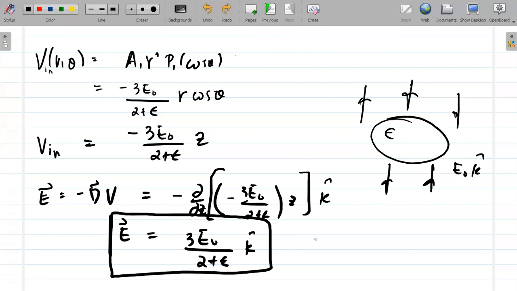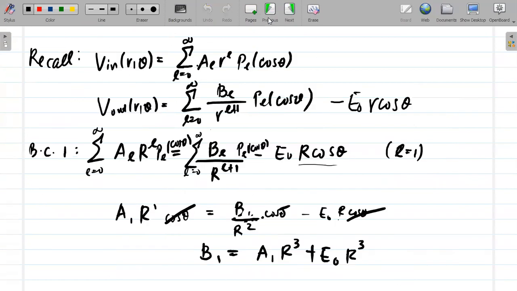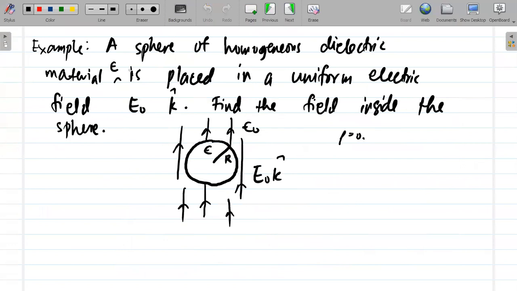Tapos next, what if, ano ba to? Wait, ba't parang mali yung dimension? Tingnan nyo to, class, 2 plus epsilon. Class, sorry. Kalimutan ko isulat. That is epsilon r. Dapat dimensionless siya. So, epsilon r.